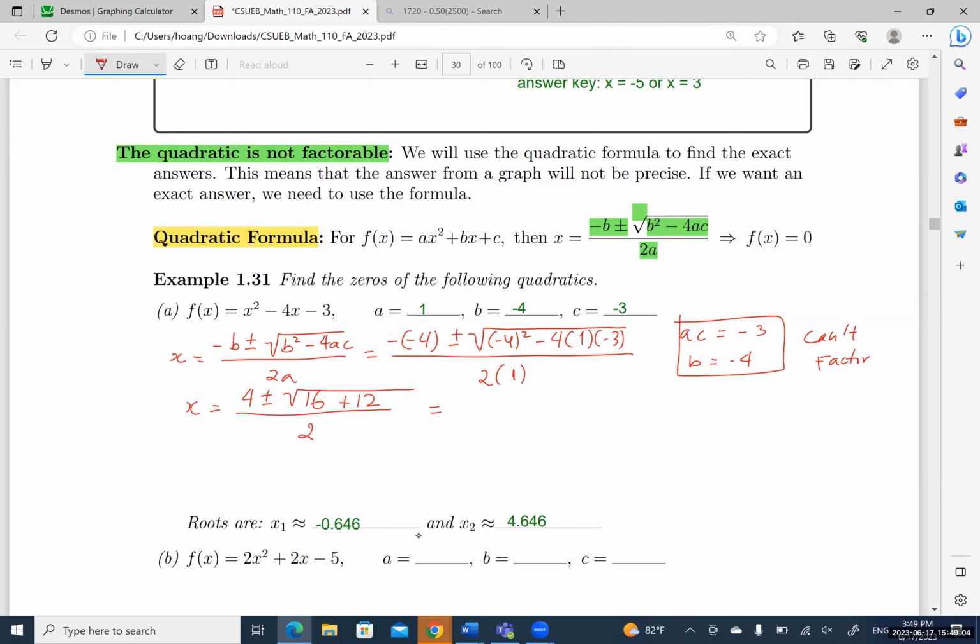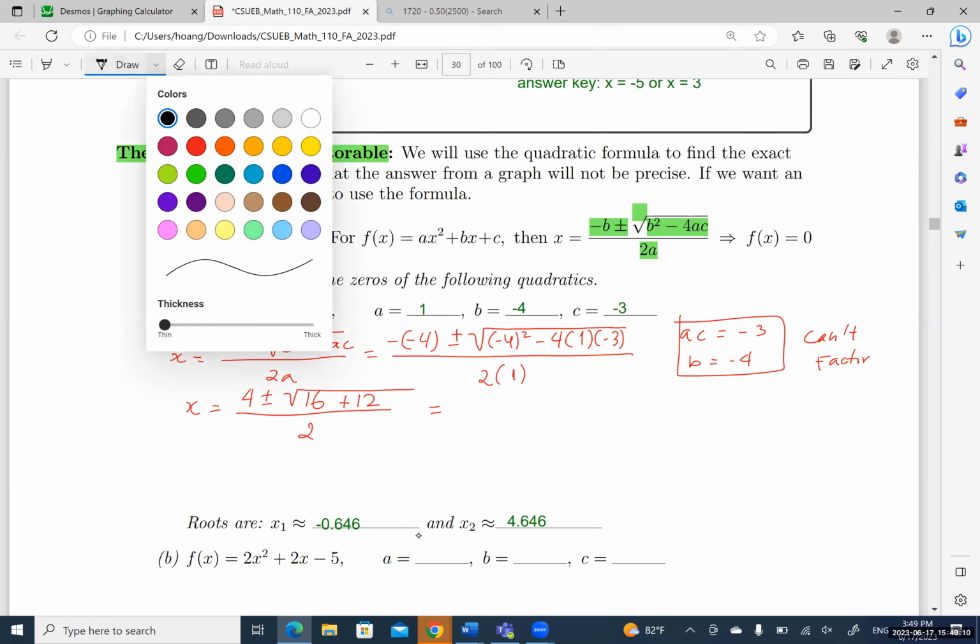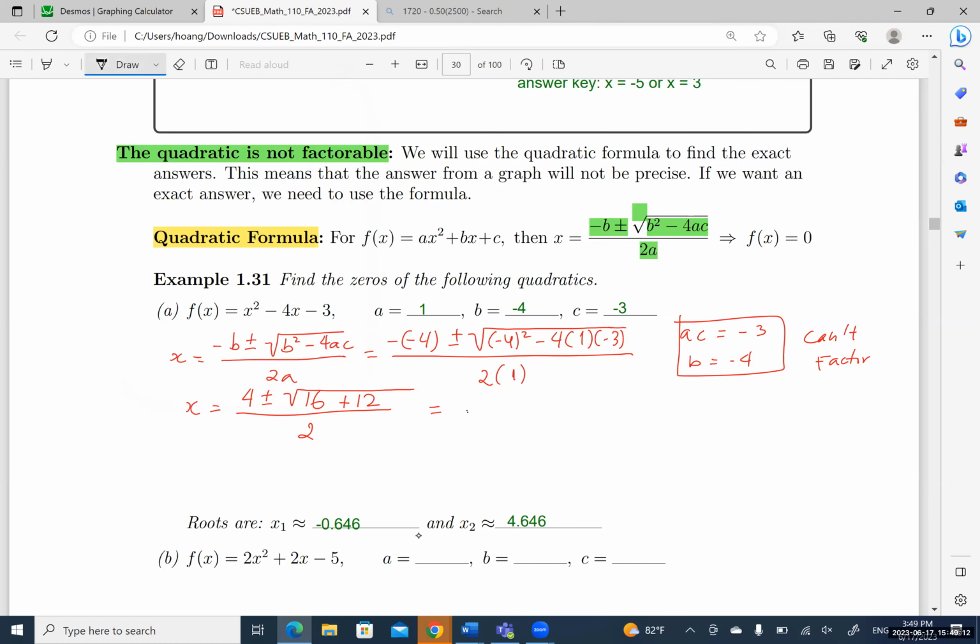I'm going to simplify one more time. Actually no, we don't need that long. I'm going to do 28 divided by 2, right?